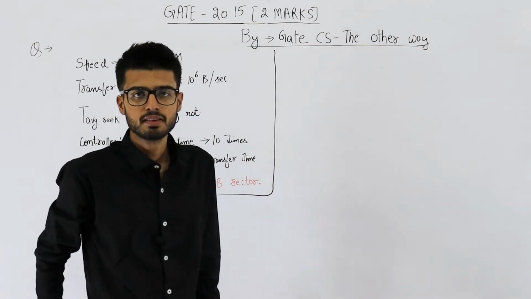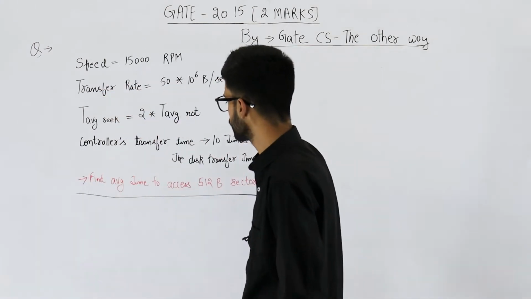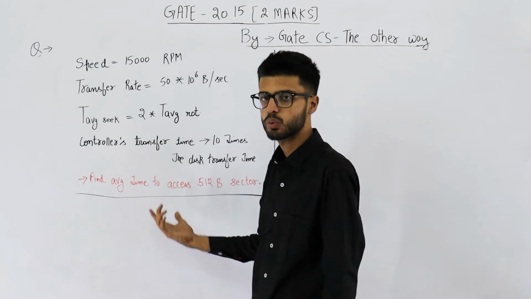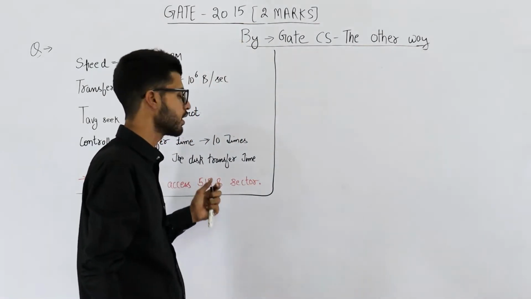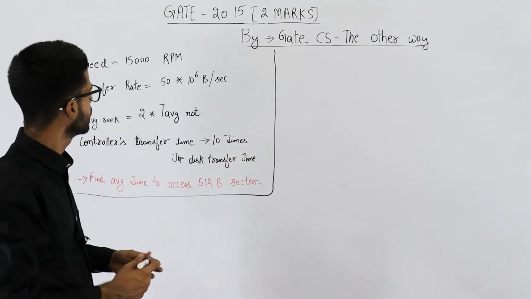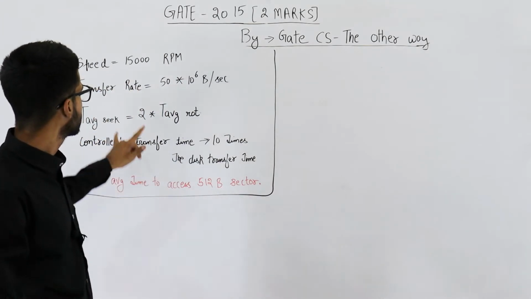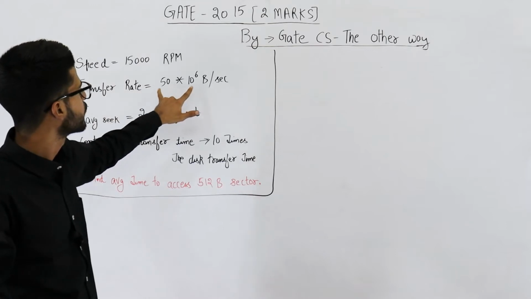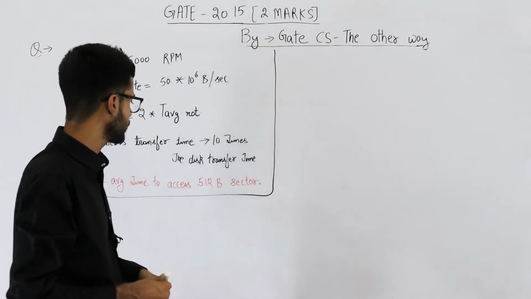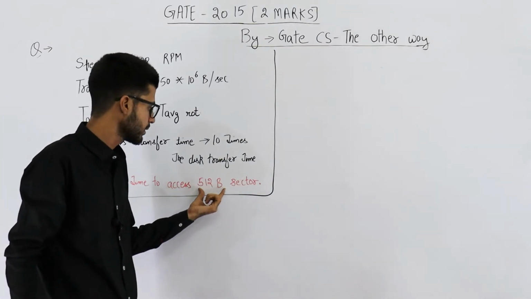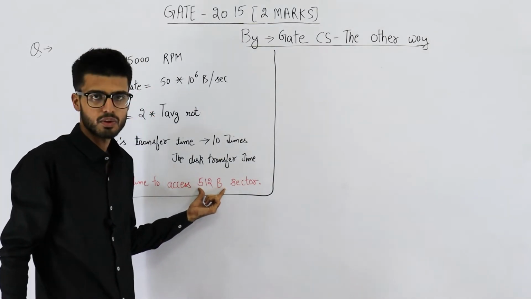Okay, so you can see we are required to find out the average time to access one sector. One sector is given as 512 bytes. Now they are saying that the transfer rate is 50 multiplied by 10 raised to the power 6 bytes per second. Let's find out how much time will be required by the disk to transfer this much data.